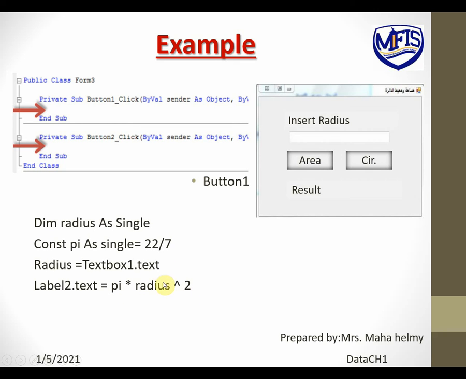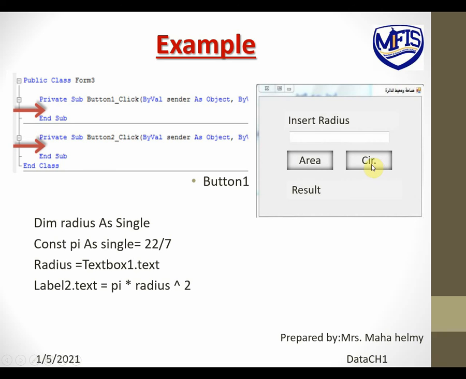According to these codes, we will be able to calculate the area of the circle. This is Button1. What about the circumference of the circle? To calculate the circumference of the circle, we have to follow the rule of circumference, and we will write these codes in the second button, which is Button2, the circumference button.